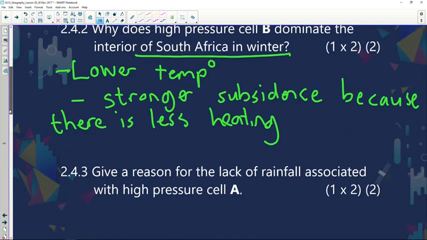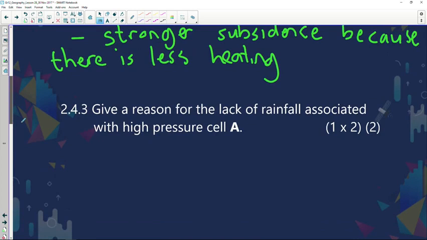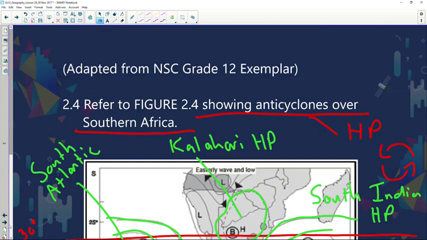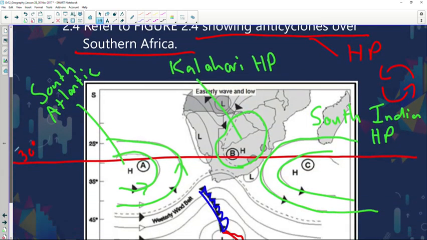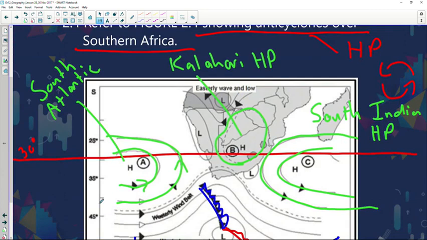Now, if you look at the next question, give a reason for the lack of rainfall associated with high pressure cell A. Now, let's just quickly go and have a look. High pressure cell A is the South Atlantic high pressure. Unfortunately, where this pressure cell is situated is over a very cold ocean known as the Atlantic Ocean, and we got a cold ocean current coming from the polar regions, the cold Benguela current.